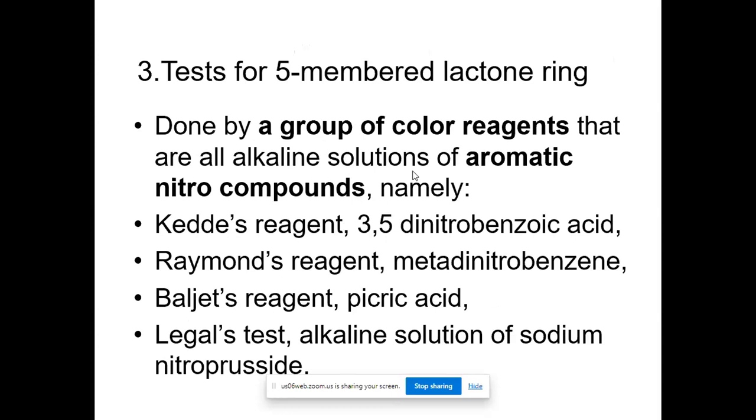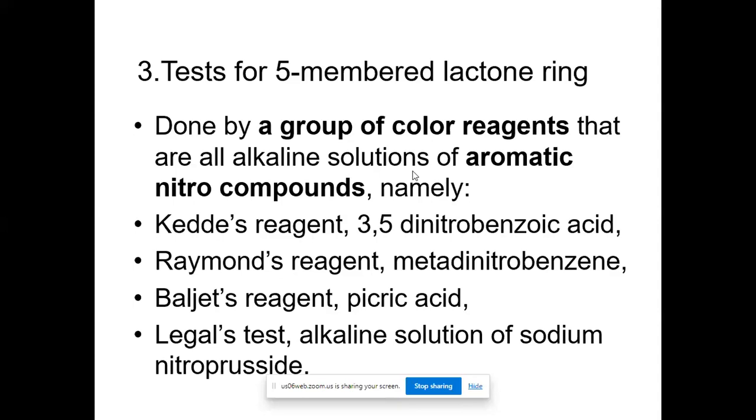For the next slide, for the 5-membered lactone, that is the cardi... what do you call it? Cardenolides. The cardenolides are the 5-membered lactones. These are detected by a group of color reagents that are alkaline solutions of aromatic compounds.